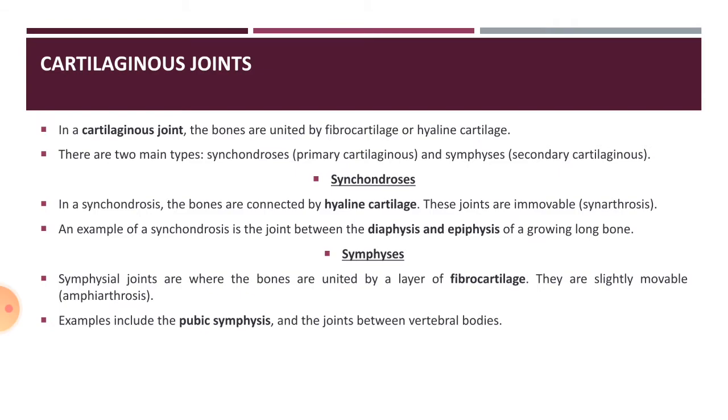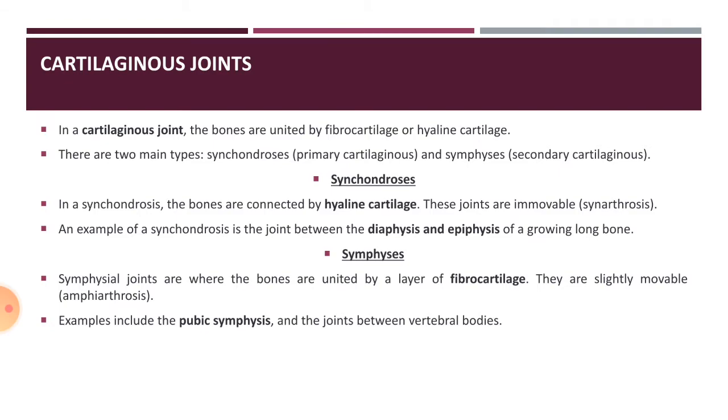So the synchondrosis we also call primary cartilaginous, and the bones will be connected by hyaline cartilage, and these are immovable joints, so we can call them synarthrosis as well. Examples include the joint between the diaphysis and epiphysis of a growing long bone, which is called the growth plate.